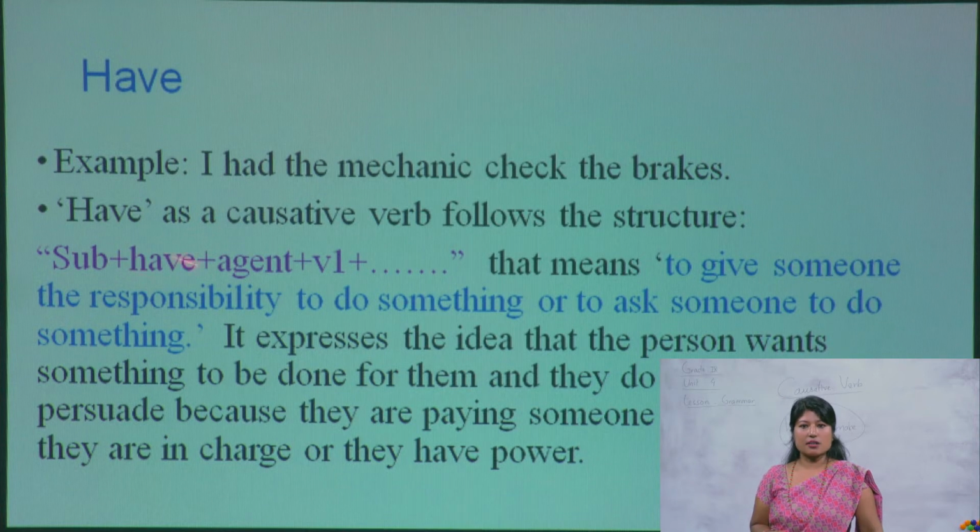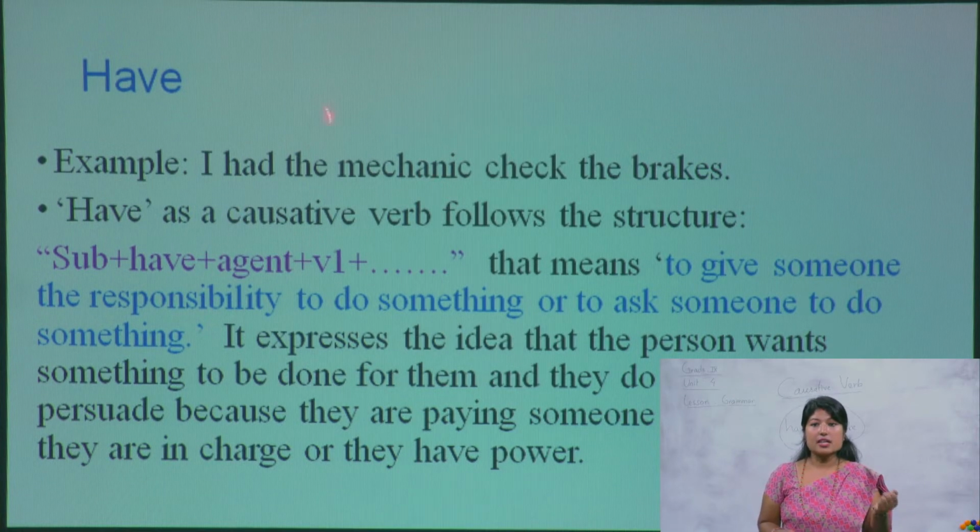All the forms are causative. Then the agent: the mechanic is the agent. Agent means doer, right? And the meaning of have is to give someone the responsibility to do something or ask someone to do something. The mechanic has the responsibility of checking, so it goes obviously.